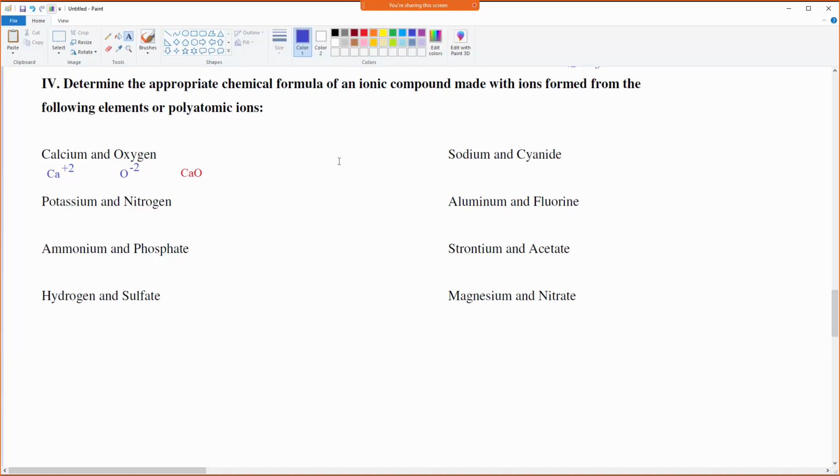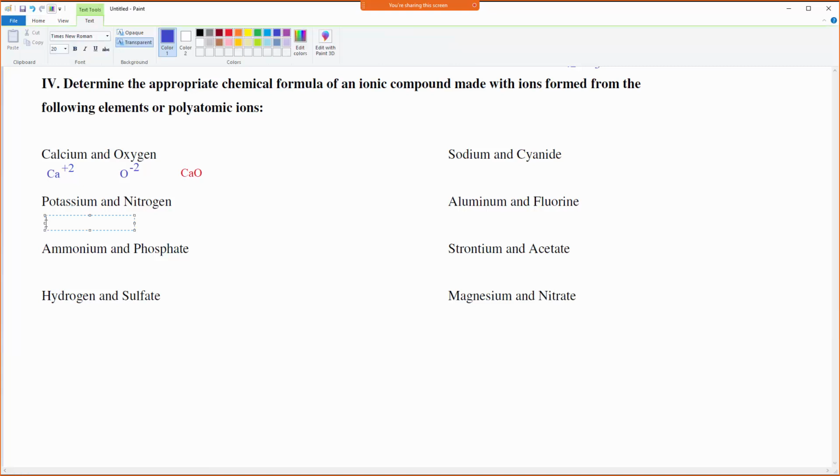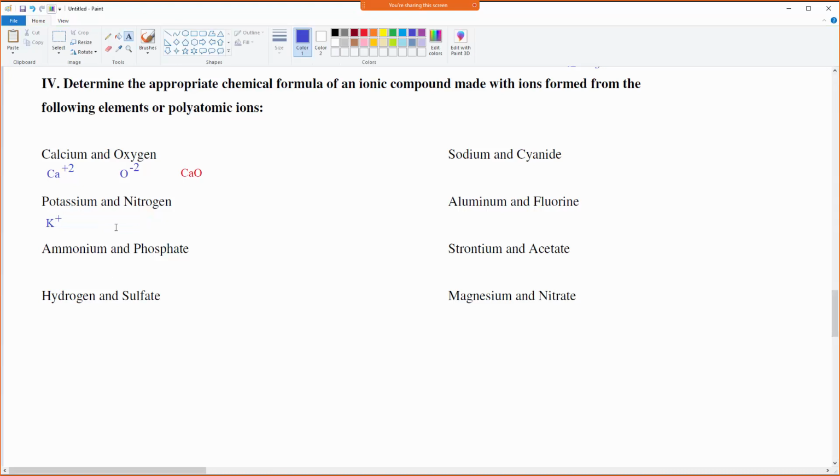Okay, let's do potassium and nitrogen. So what does the potassium ion look like? Perfect. Potassium and a single +1 charge. We can just say K+. What does the nitrogen ion look like?